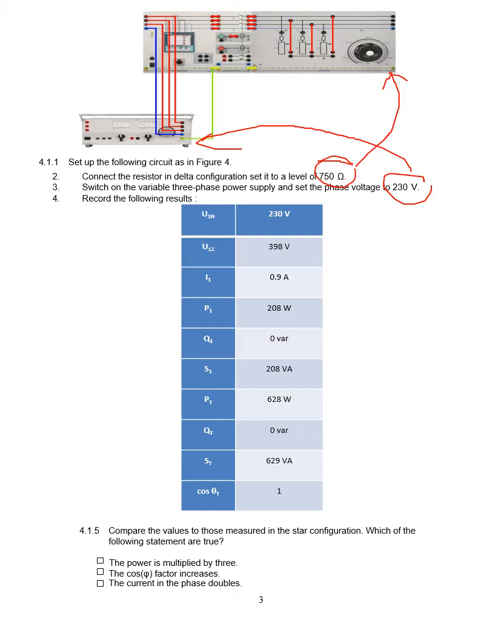Okay, record the following result. So U12 is 398 volt, current is 0.9 ampere, power is 208 watt, Q1 is 0, reactive power is 0 VAR, apparent power is 208 VA, power total is 628 watt, reactive power is 0 VAR, and apparent power total is 628 VA, and the power factor is 1.